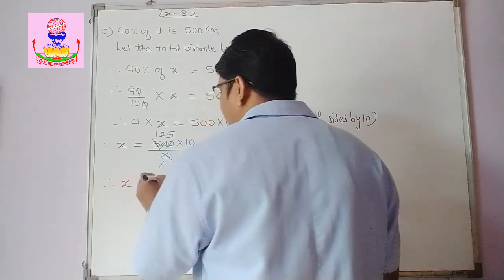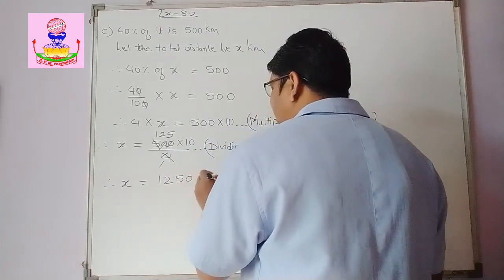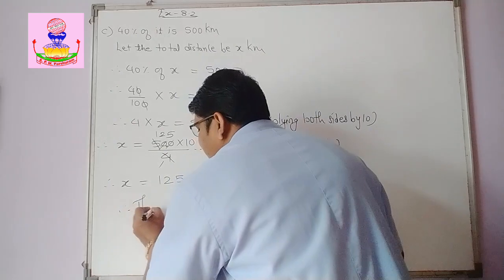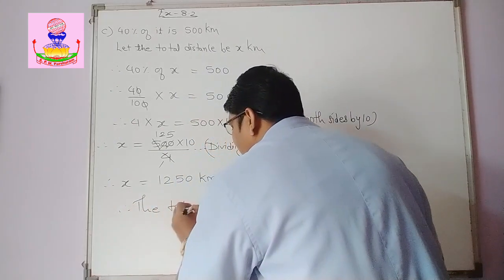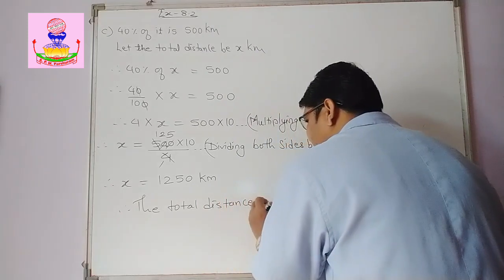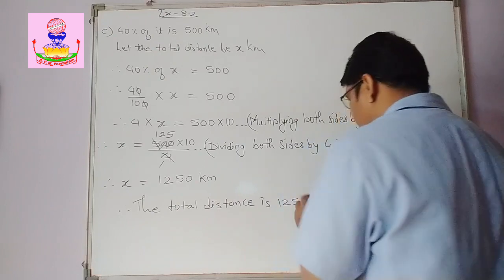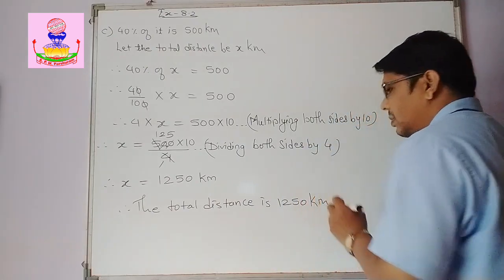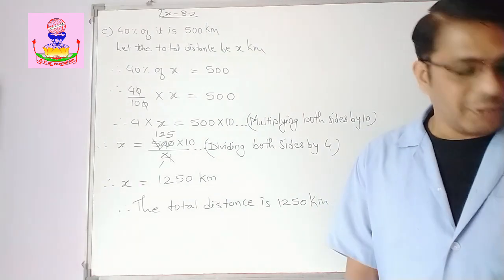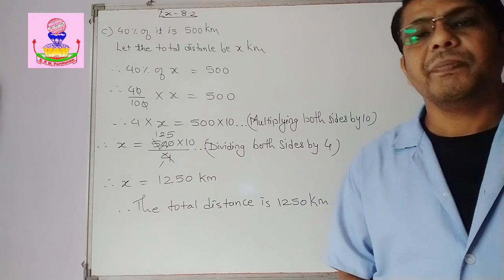Okay, so 4 twos are 8, 2 remainder, 20, 4 fives are 20. Now, 125 into 10, so that is 1250 kilometers. Okay, so therefore, the total distance is 1250 kilometers.